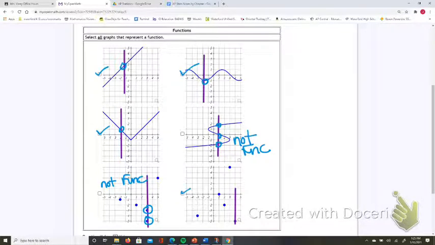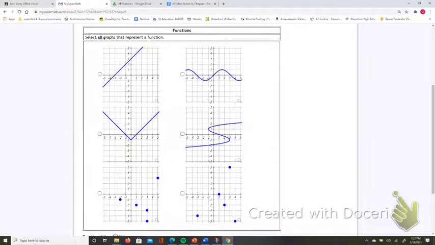Yes, it's a function. Okay, now you're going to pause the video and go to your My Open Math, and on the left side, you're going to select the first one and the second one. And on the right side, you're going to select the first one and the last one. So we're going to select this one, and this one and this one.